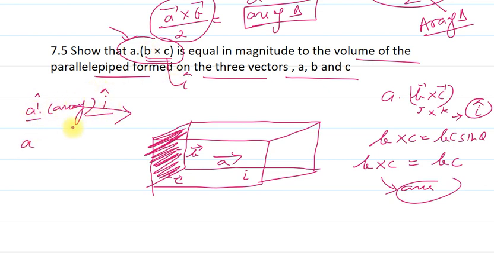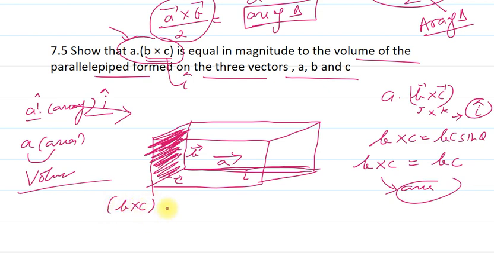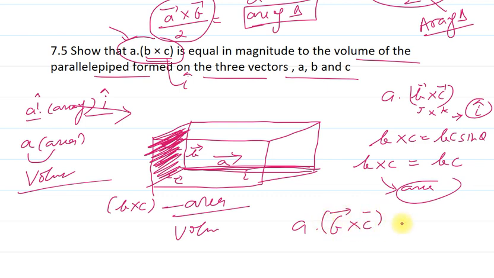When I multiply this length A with this area, I simply get the volume of the entire parallelepiped. Area into length gives the volume. So B cross C gives us the area, and area multiplied by the length gives us the volume. So we can say that A dot B cross C will give us the volume of the parallelepiped.